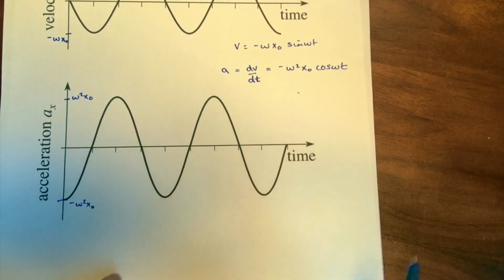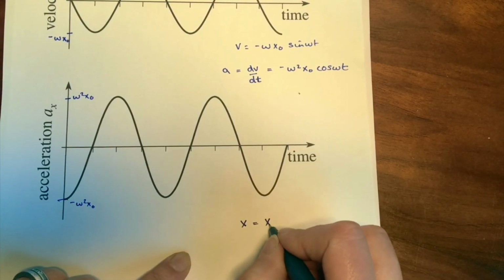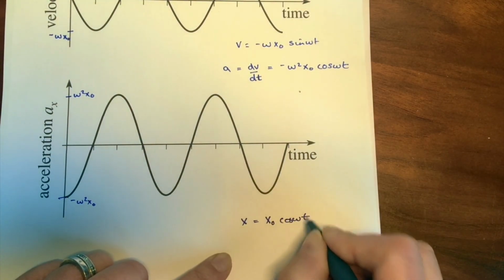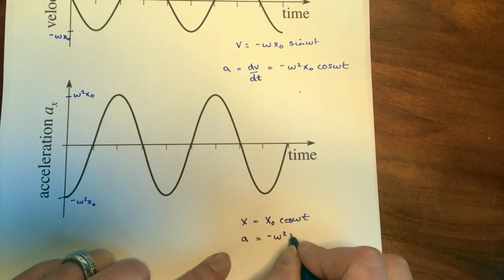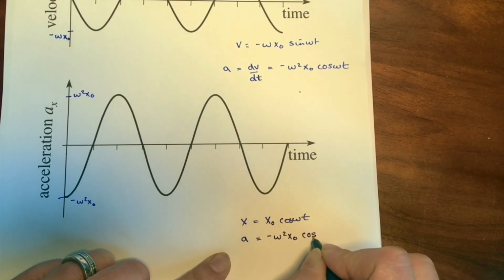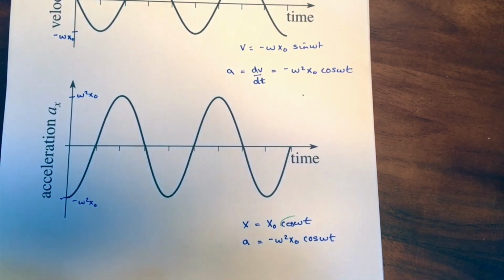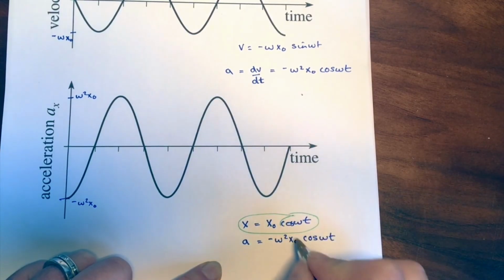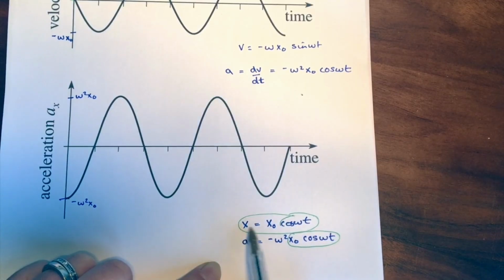Let's look at these two formulas for displacement and acceleration. We started off with displacement was x naught cos omega t, and acceleration is equal to minus omega squared x naught cos omega t. Can you see that there are two factors here that are the same? x is equal to x naught cos omega t.